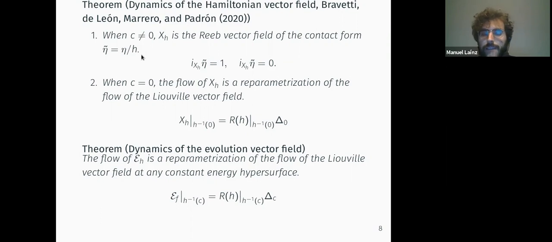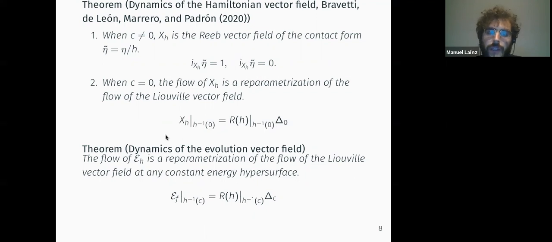Okay, and in the zero level set of the energy, the flow of the contact Hamiltonian vector field is a reparametrization of this Liouville vector field. It's just a multiple of the Reeb vector field.